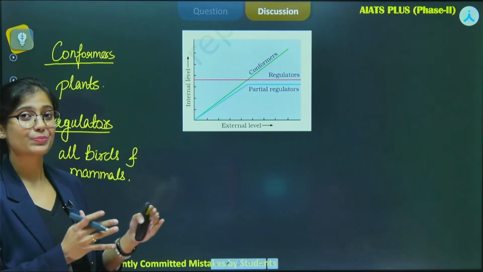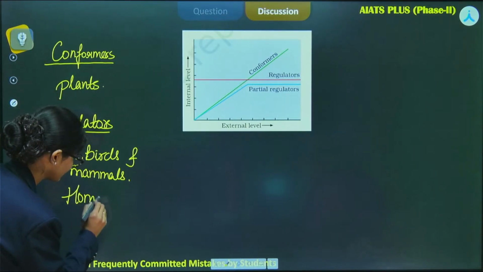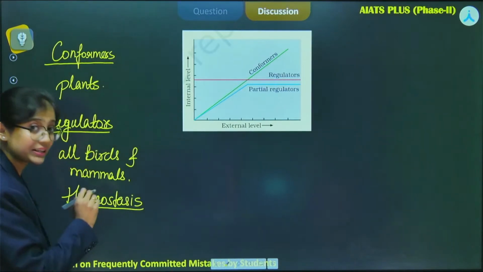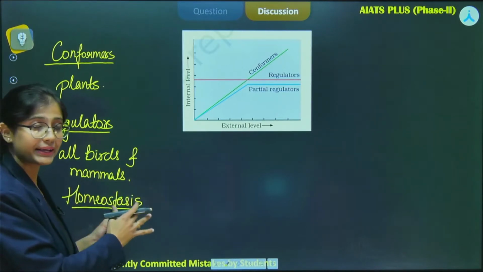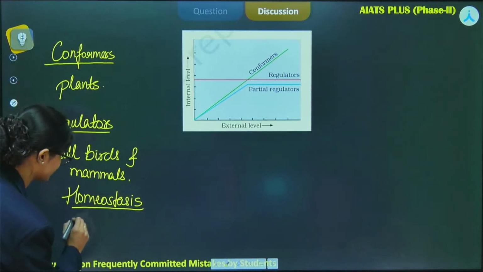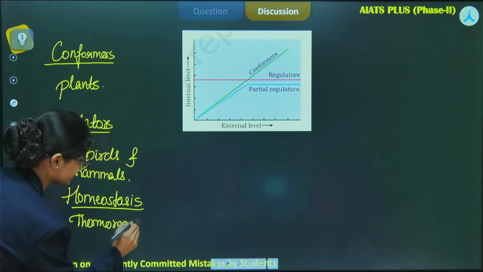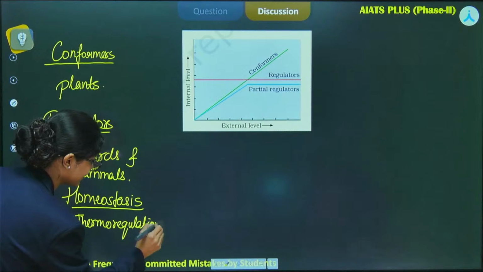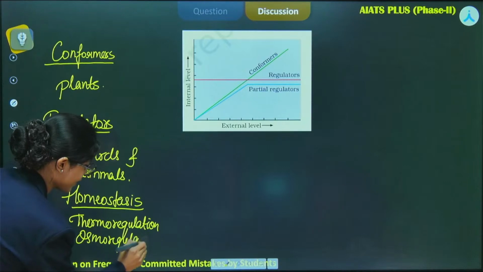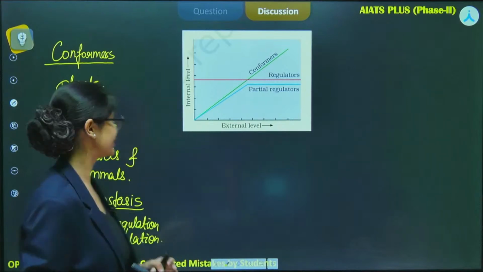We have the ability to maintain our temperature, and this ability is known as homeostasis. These organisms maintain their temperature and osmotic pressure via thermoregulation and osmoregulation. So these are the ways in which regulators maintain their body temperature.